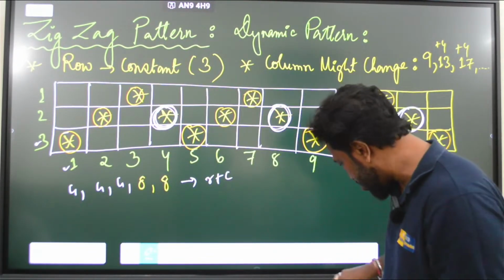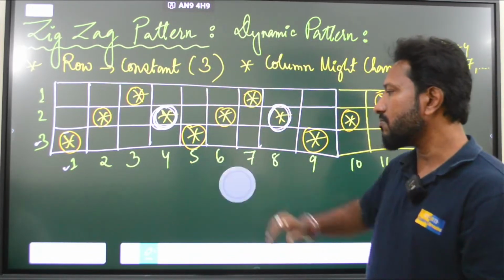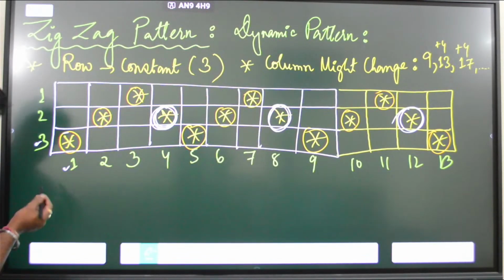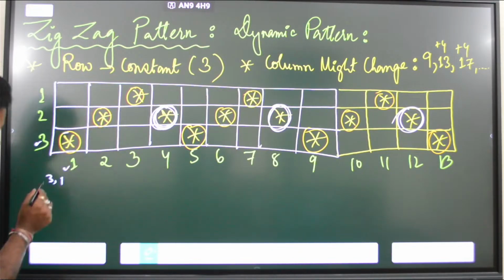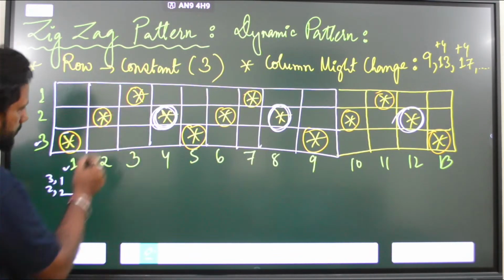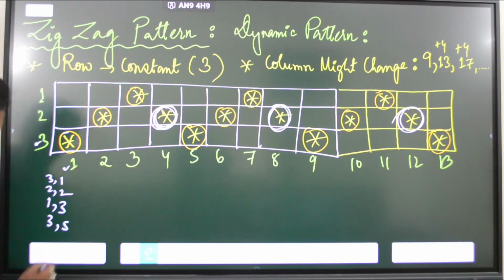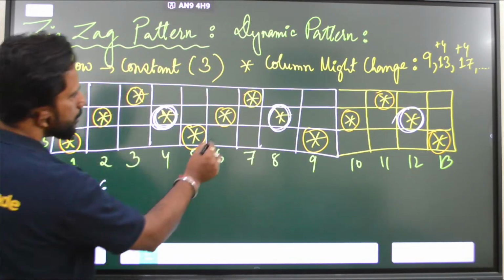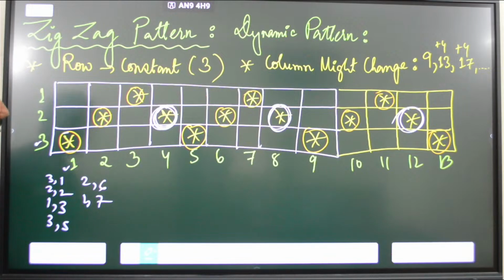let me just do one thing to make it more clear. I will write something like this, try to understand. All the boxes, let me write them down. So this one is 3, 1, then this one is 2, 2, this one is 1, 3, this one is 3, 5, and here this is 2, 6, this is 1, 7, and this one is 3, 9.